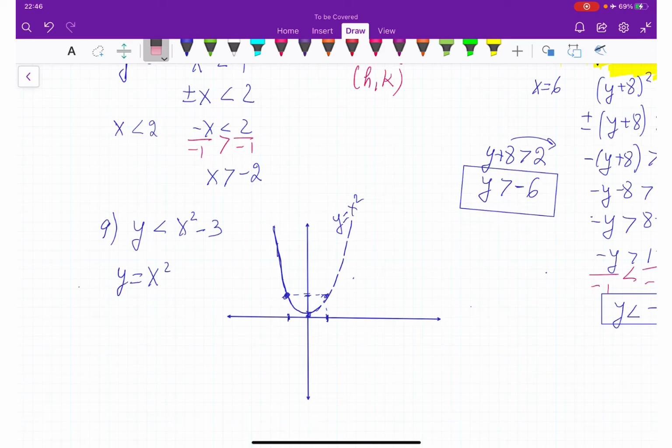And minus 3, it's a change of y, so we are shifting down by 3. 1, 2, 3. So it's going to come down parallel. There we go.